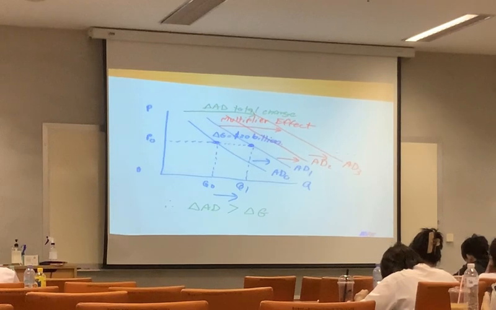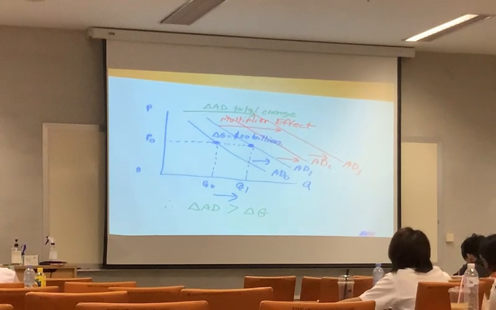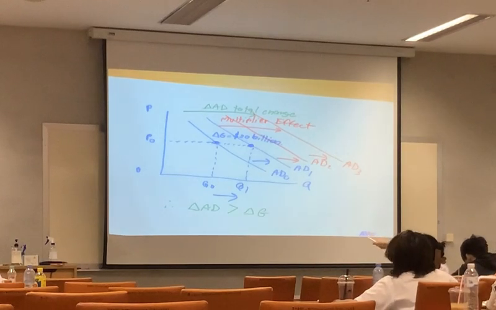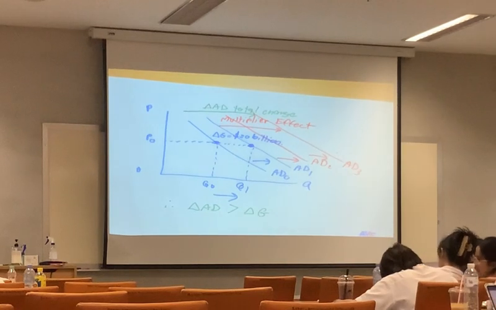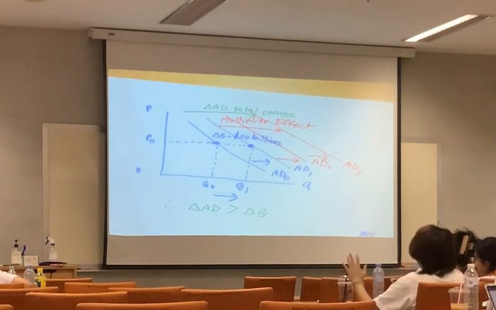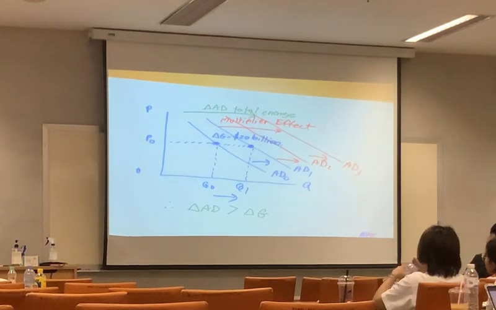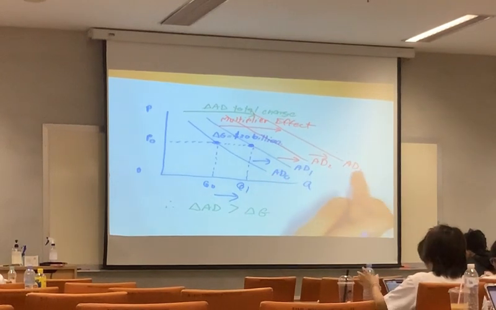I let you write it down. The total chain can be calculated from the first graph, AD0, until the last graph, AD3, or whatever.